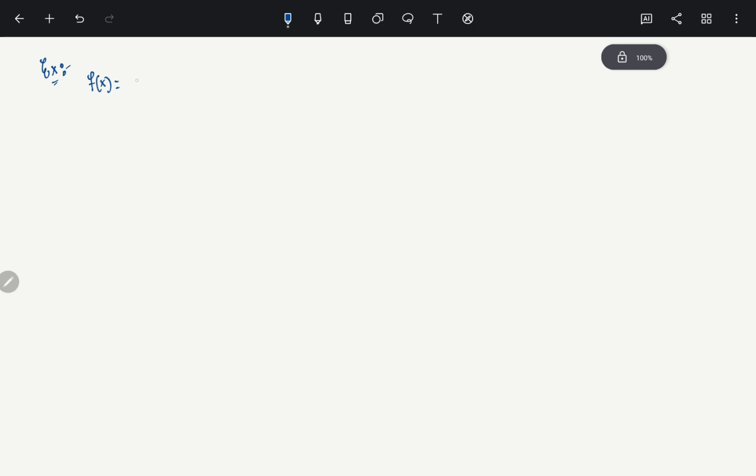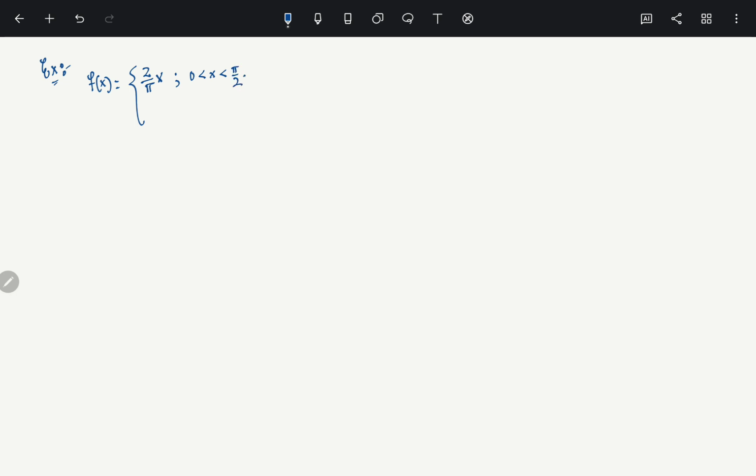So in this case, if I am taking L equals pi, the function which I am going to talk about is 2 over pi times x. This is just a basic function which I'm writing like this, between 0 and pi by 2.